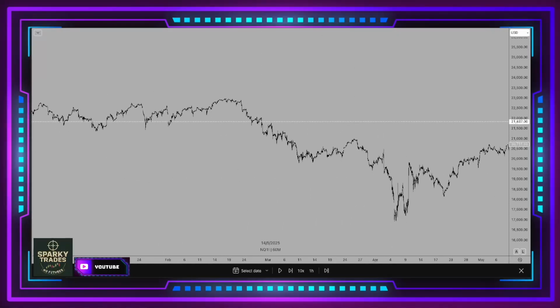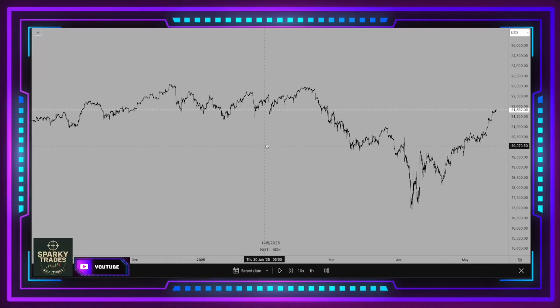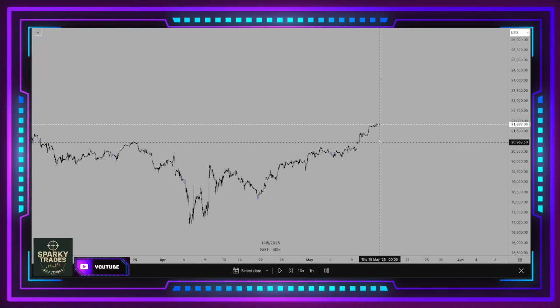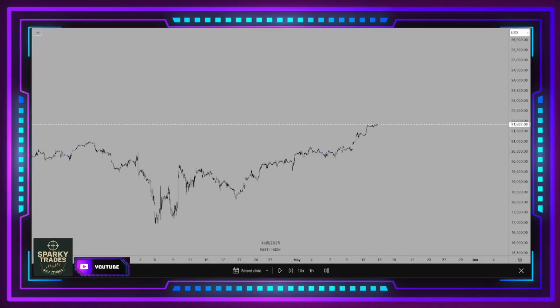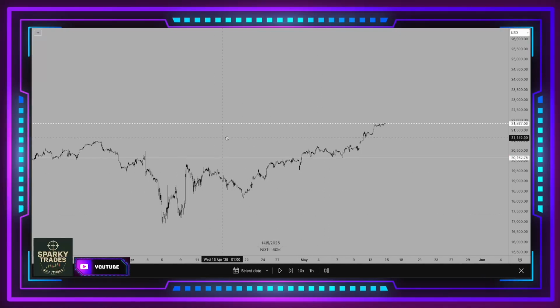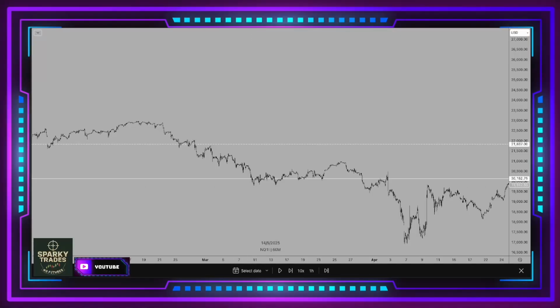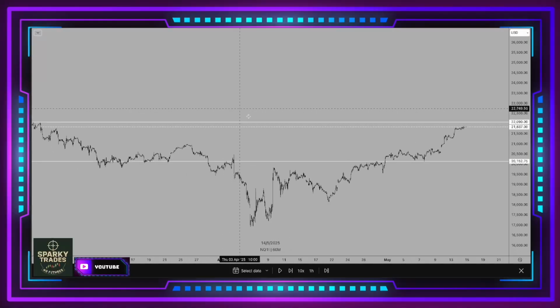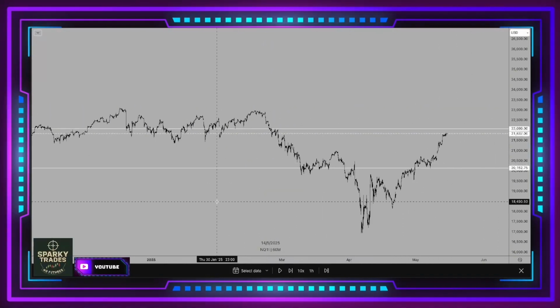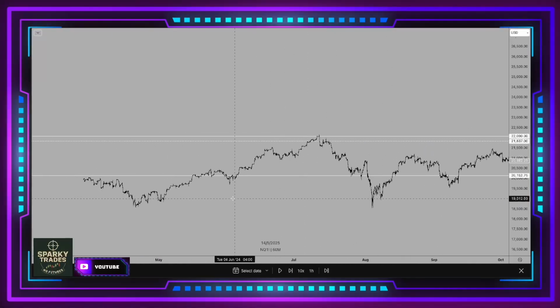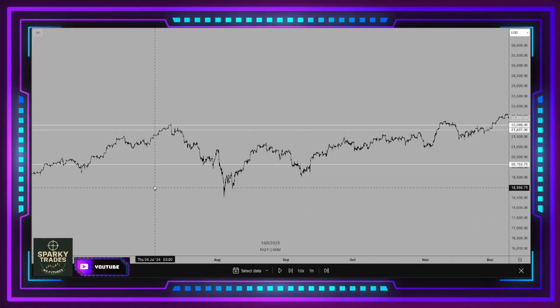So what we're looking for is a range. Alright, so there's the bottom. There's the top of this range. So if we zoom out, go back. Where did we break into this range?